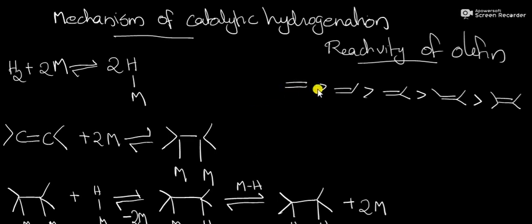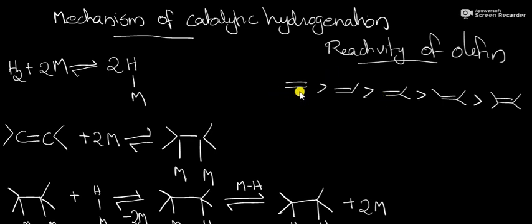Then what is the order of reactivity of olefins? Reactivity decreases as steric crowding increases. That is, as substituents increase, reactivity decreases.